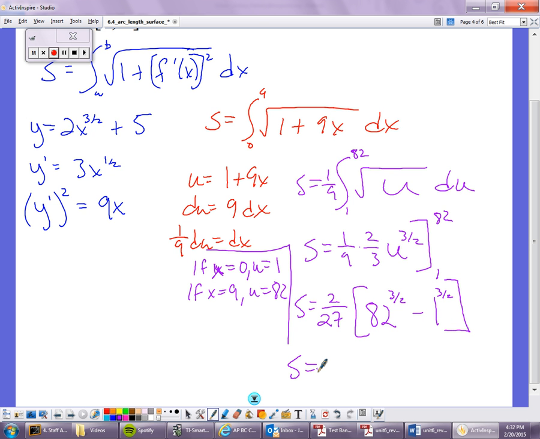And that turns out to be 54.93. Check that on your calculator to make sure, but I think that's right. I've checked it a couple times now. Alright, so there we go. Use that formula.